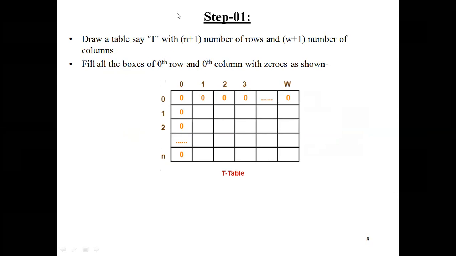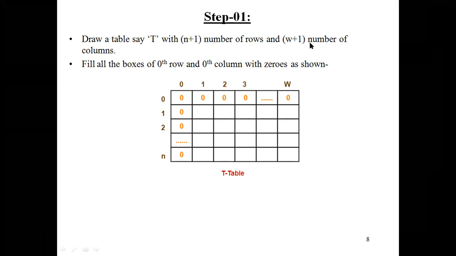First one is: draw a table T with n plus 1 number of rows and W plus 1 number of columns.